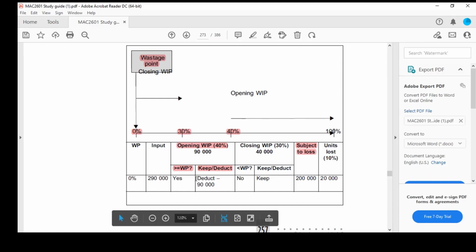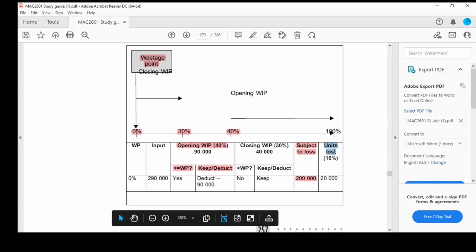But what you're saying is correct, because already you took it out. Do you see? You didn't include it. If you think about it, what we're trying to do here is to determine units that are subject to loss. So what this rule means is that if the opening WIP has passed the wastage point, it's not going to be part and parcel of units that are subject to the loss, because you will deduct them.